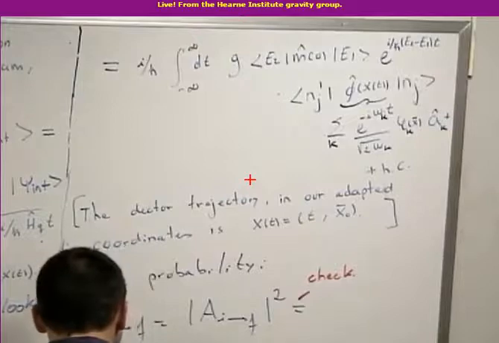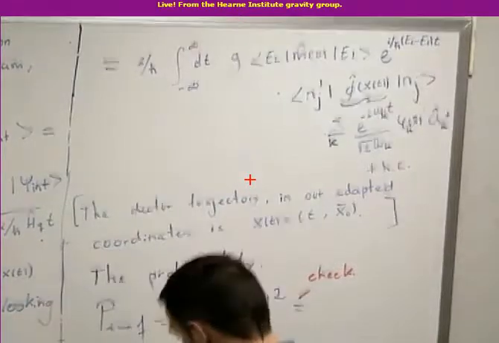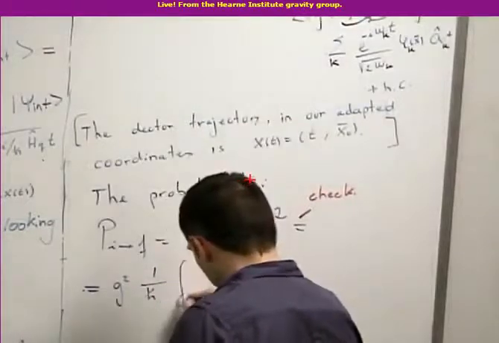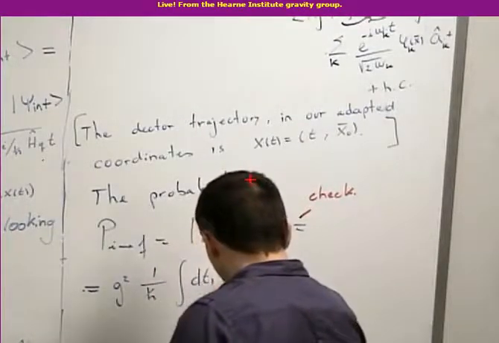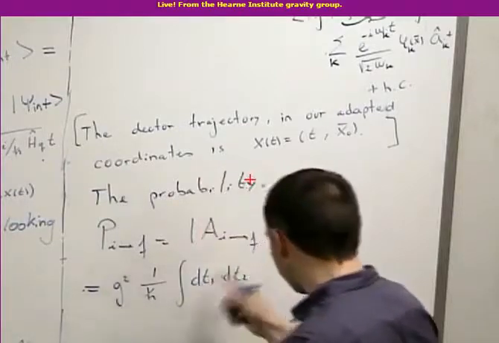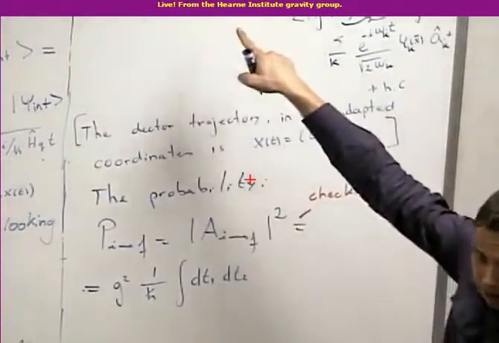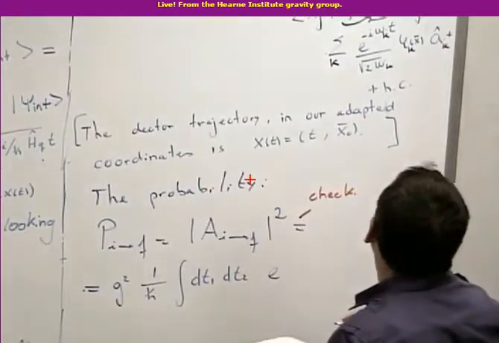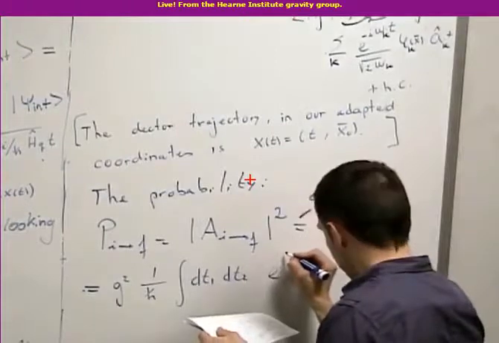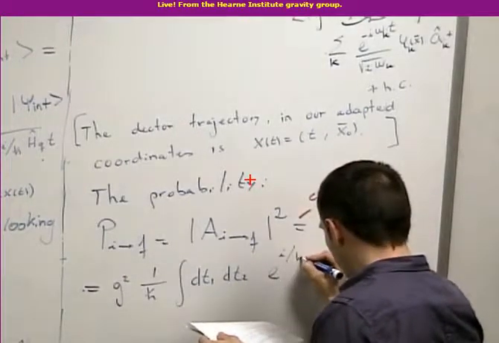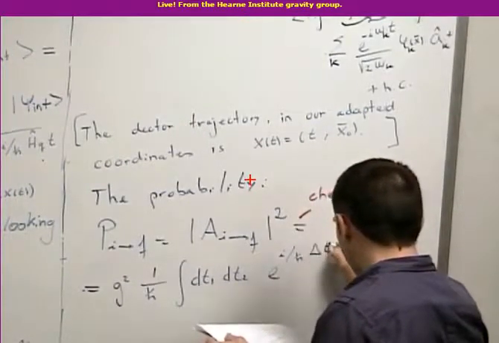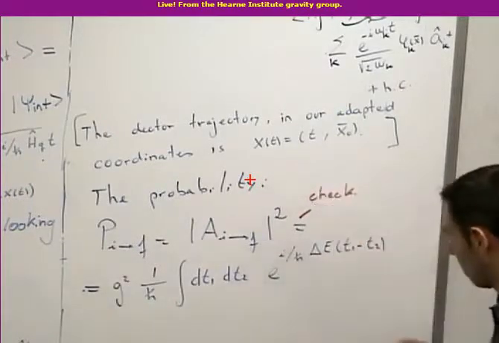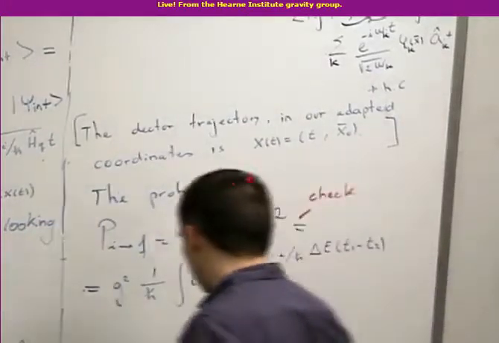So this is going to be g squared over h bar squared. I have to put time 1 and time 2 because I am taking the square of the time integral, so there are 2 intervals in time. E to the I over h bar delta E t1 minus t2. I have to raise this line, sorry.